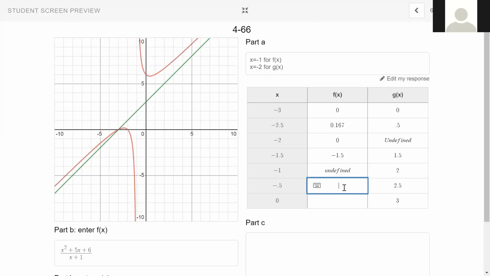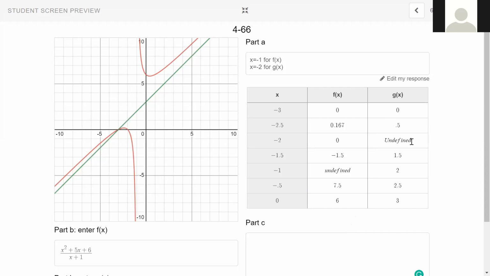Yeah, it's 7.5. And at 0, this is 6. So there are those undefined values in part A.